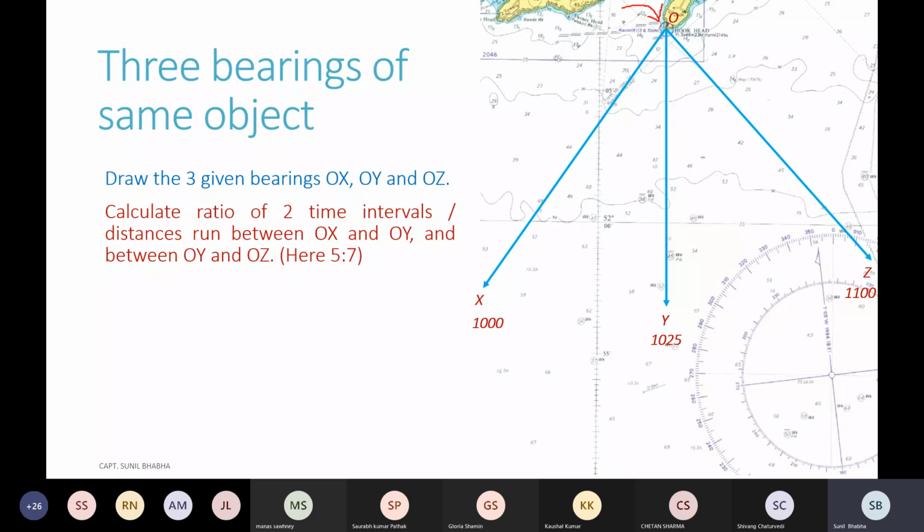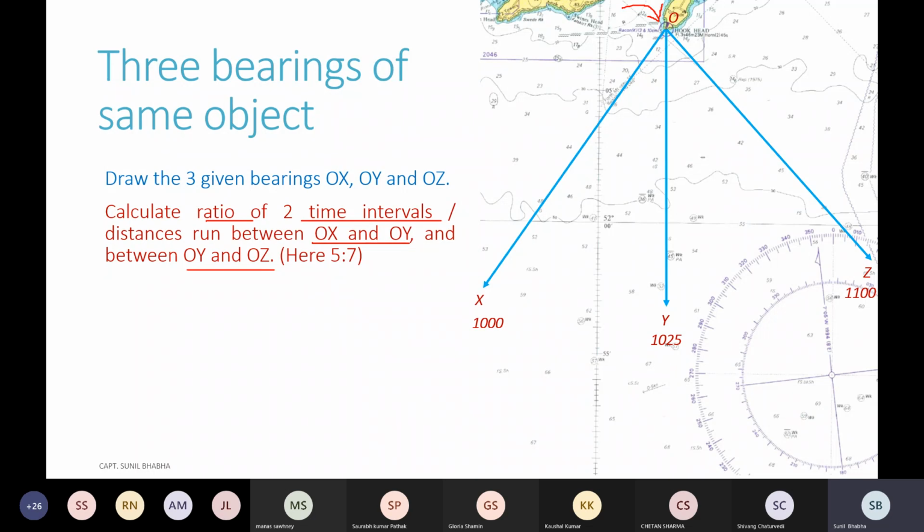Now we have to calculate the ratio of two time intervals, or in case distances are given, the ratio of the distances between the first and second bearing, that is OX and OY, and between the second and third bearing, which is OY and OZ.